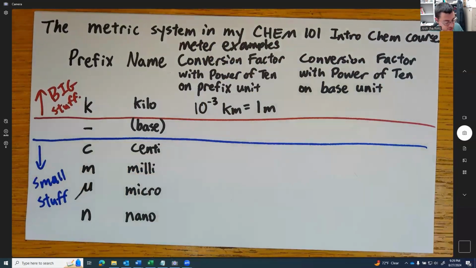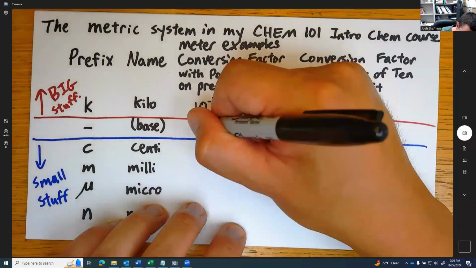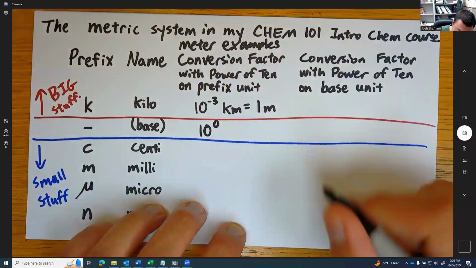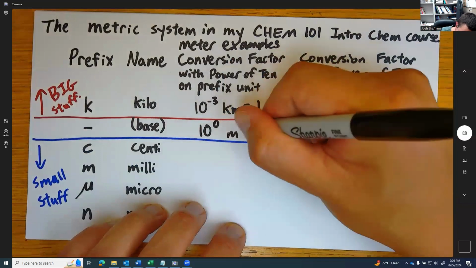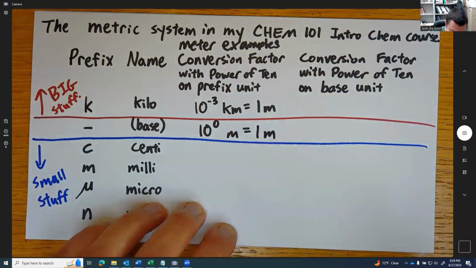Feel free to consult a separate video or guide on how to convert powers of 10 to standard numbers. If people really want that in a metric context, then I'm happy to make a separate or expanded video for that. We'll just stay at this for now. All right, let's keep this going. Base is going to be 10 to the 0. Meters is 1 meter. This feels a little silly to write, but just to be complete.